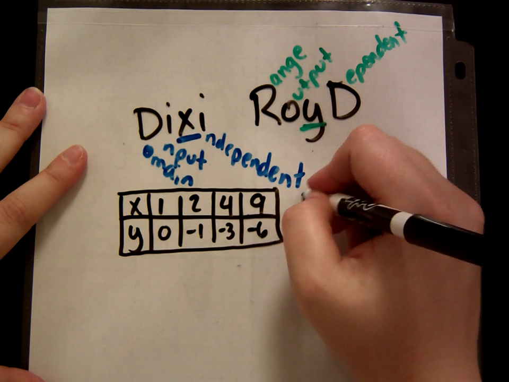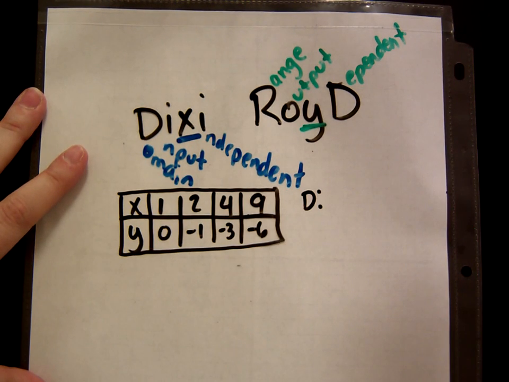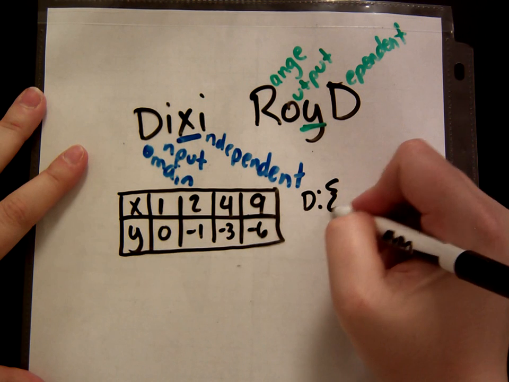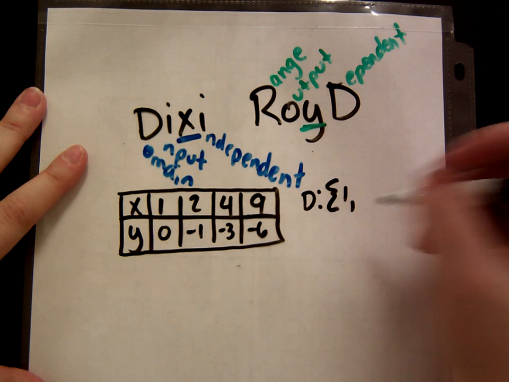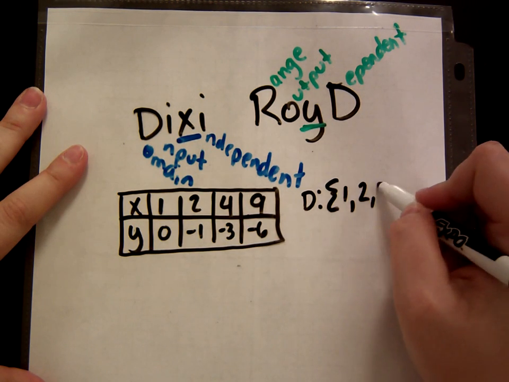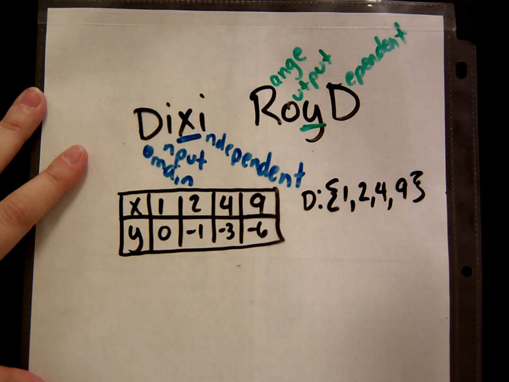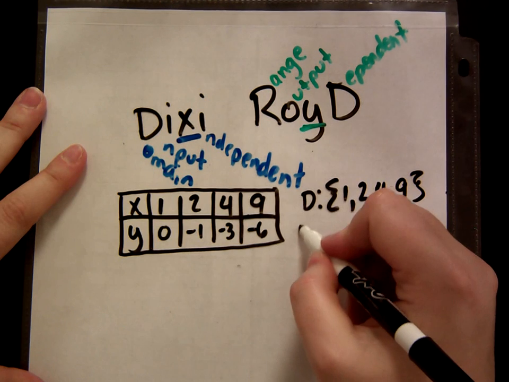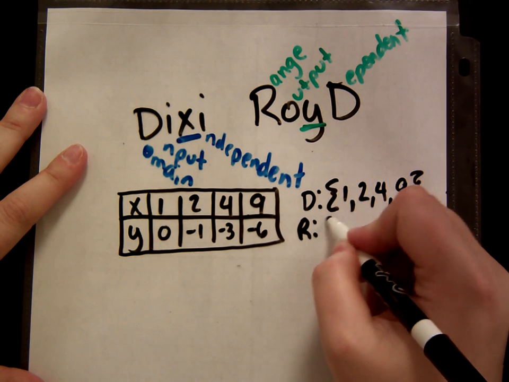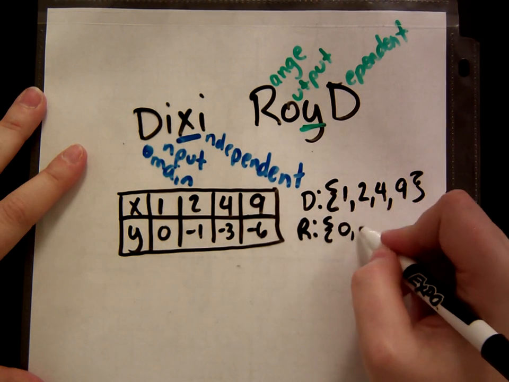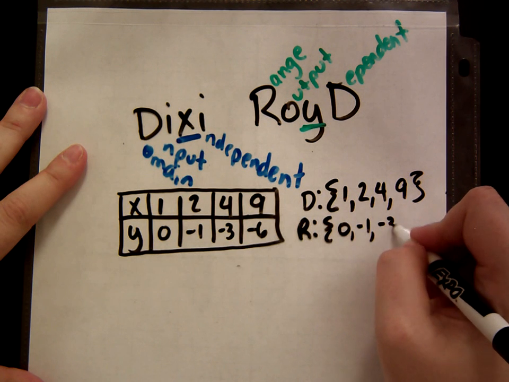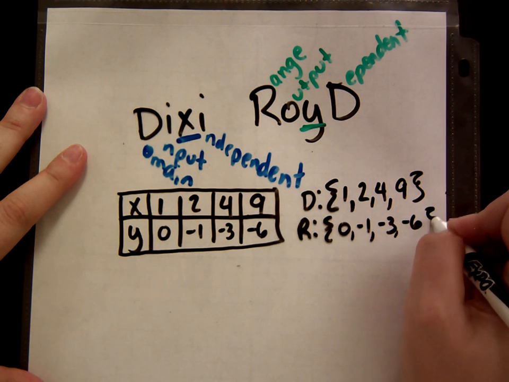For instance, my domain for this set of ordered pairs would be the set containing 1, 2, 4, and 9, because those are the X values in this table. My range would be the set containing 0, -1, -3, and -6.